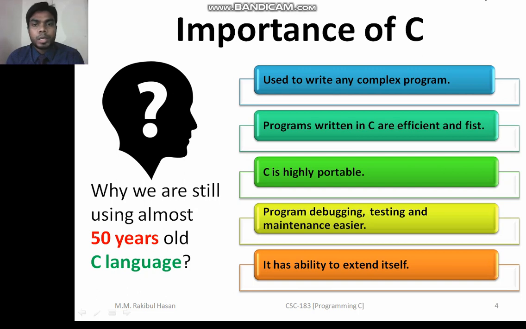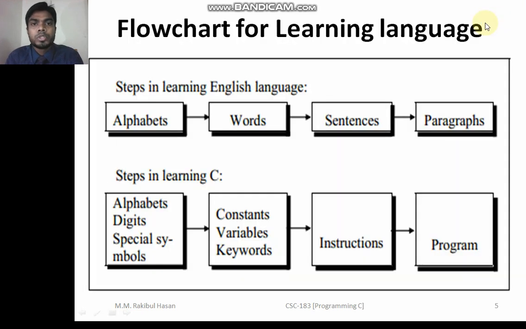Okay, so next topic I'm going to discuss, that is the flowchart of learning language. So now I'm going to compare C programming language with our known one, English language. So let's remind, how we learn our English language.